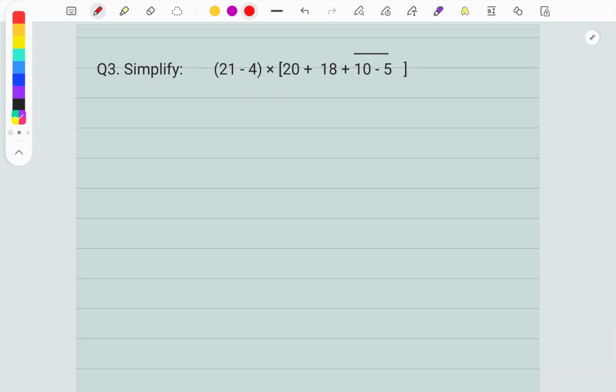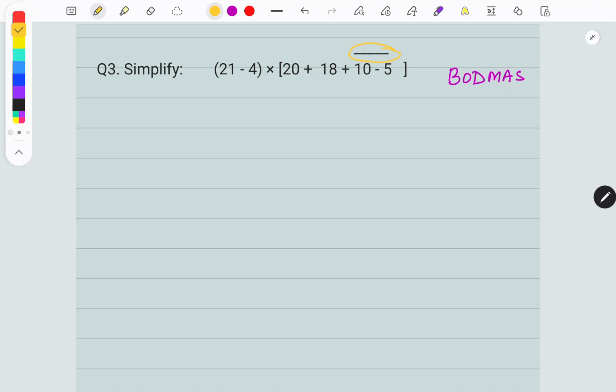This is simplify this expression, and we see that in this expression we have multiple operators. So what are we going to do? We are going to use the rule of BODMAS as well as the order of solving brackets. When we use these two, let's see. We see that the smallest bracket here is this, the vinculum.